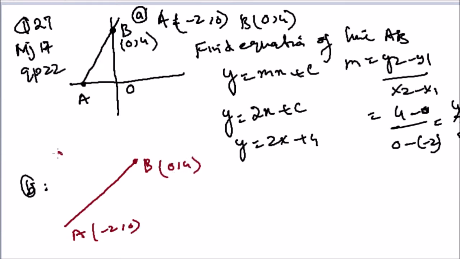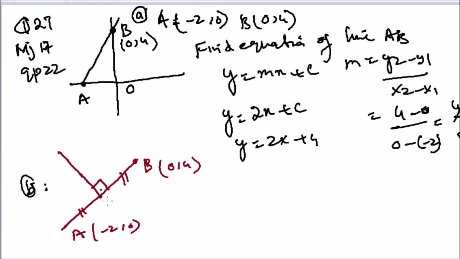A perpendicular bisector is the line which is dividing AB at the midpoint and is perpendicular to AB. So there are two things basically. It divides AB into two equal parts, this part and this part will be equal, and the line will be at 90 degrees.